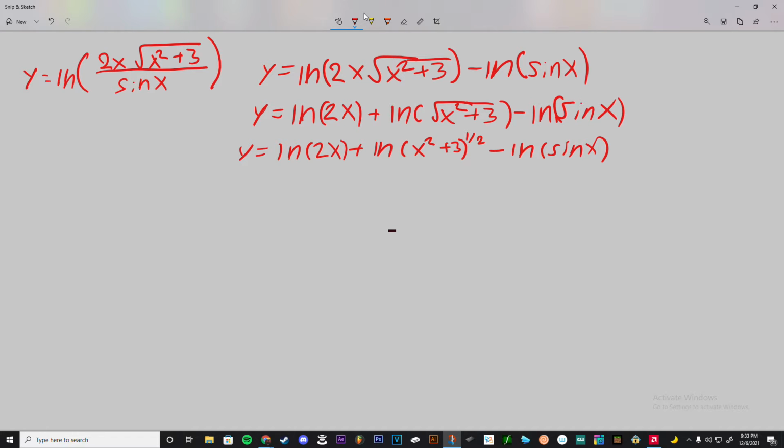So now another property of these natural logs is that you can move this exponent over here. So then you can have y equals the natural log of 2x plus 1 over 2 natural log of x squared plus 3 minus the natural log of sine x. Okay, now we could actually start taking derivatives.